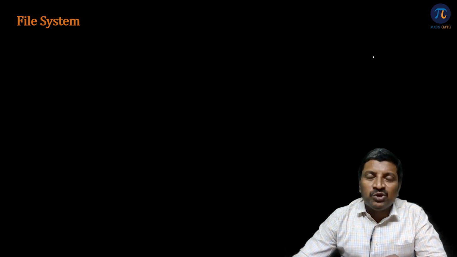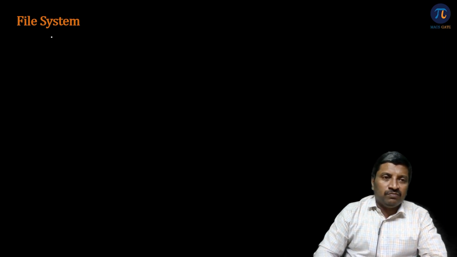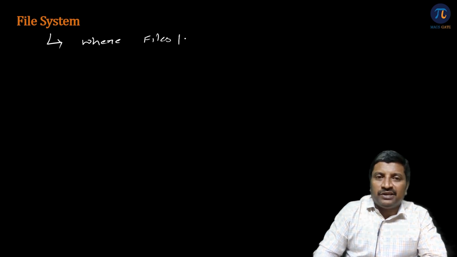So before going to DBMS, let me introduce the file system, which we are already using in our regular life, or the system which we use to store the data in our personal computers or laptops or desktops. So file system is where the files or the data is managed by the operating system.